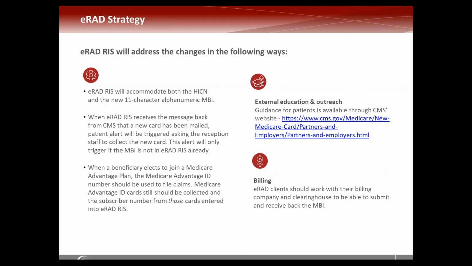And you can just look up cms.gov, Medicare, new Medicare cards. The link I provided provides a wide range of educational materials that can be used for patients and providers with the new cards. And then we encourage our clients to work with their billing companies and their clearinghouses to be able to submit and receive back the MBI.